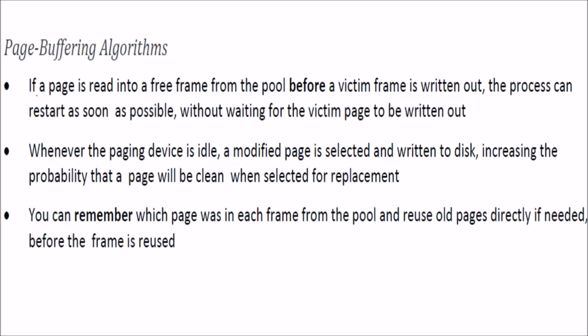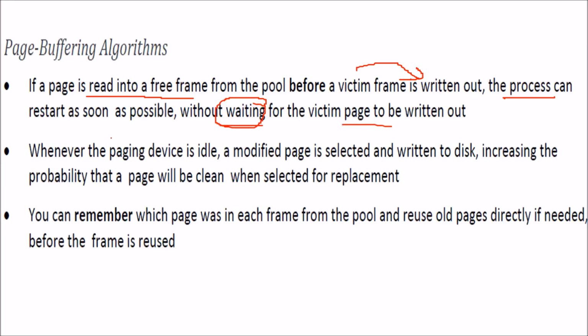We also have the page buffering algorithm. The page is read into a free frame from the pool before a victim frame is written out, so the process can restart as soon as possible without waiting for the victim page to be written out.